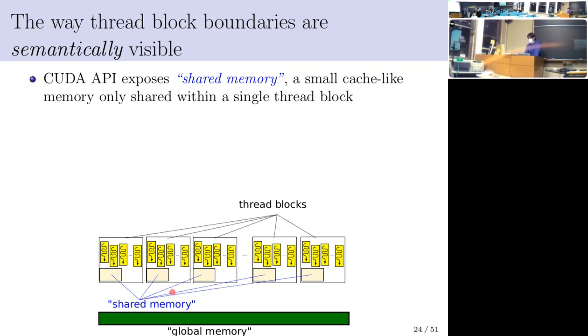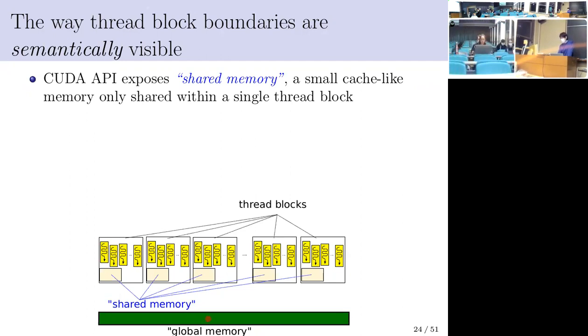On the other hand, the other default memory is something called global memory, and it can be shared among everybody, so every thread in the entire grid. But shared memory is shared only within a single thread block.